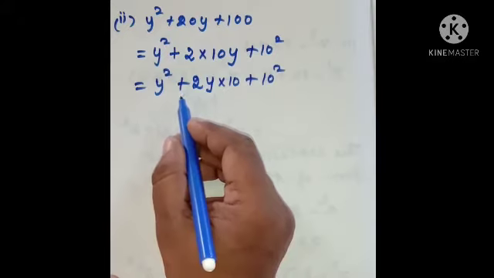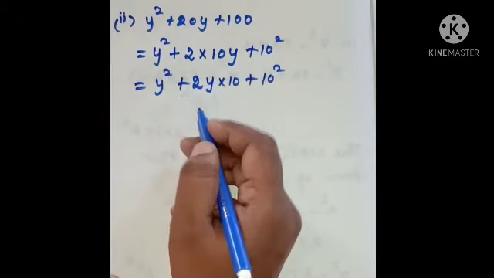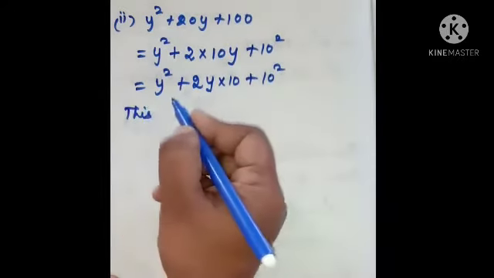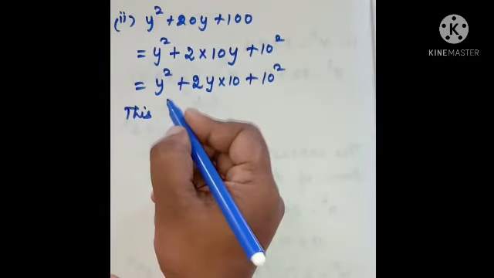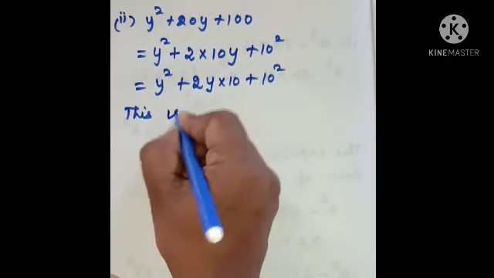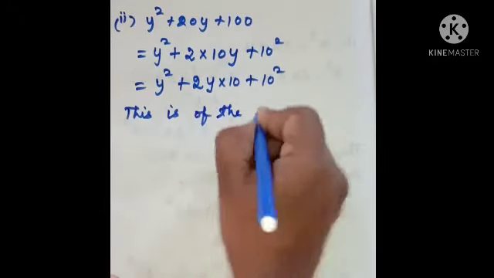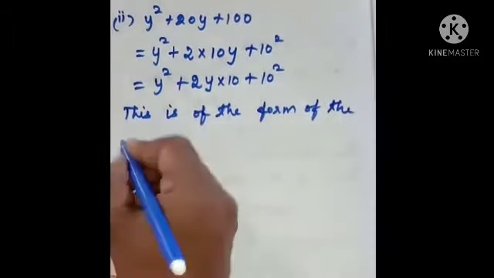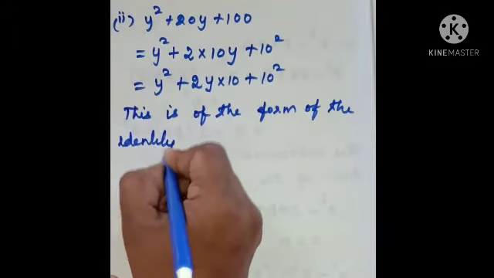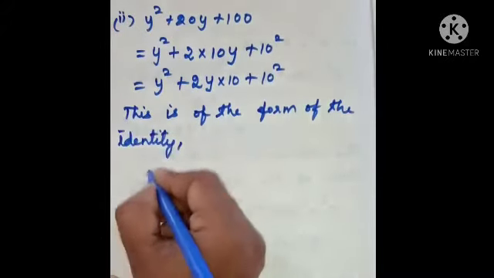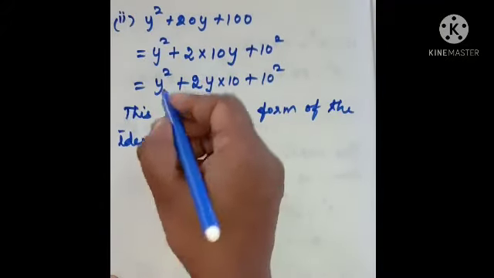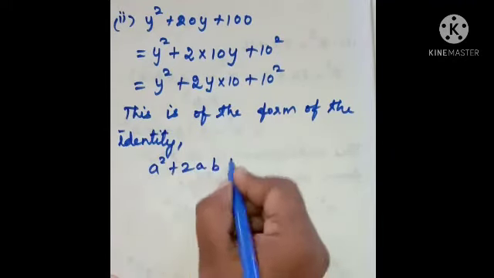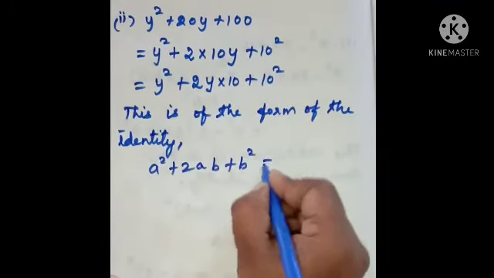By using this, we can easily find that this is of the form of the identity a square plus 2ab plus b square is equal to a plus b the whole square.